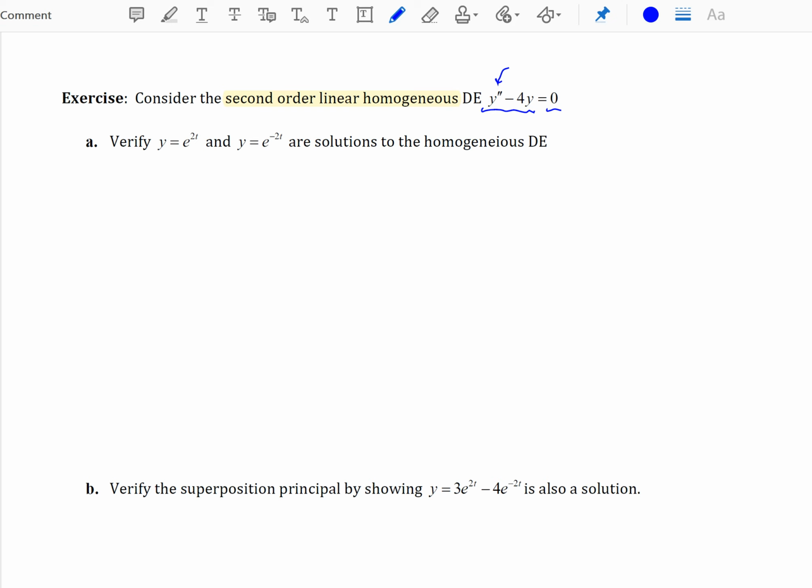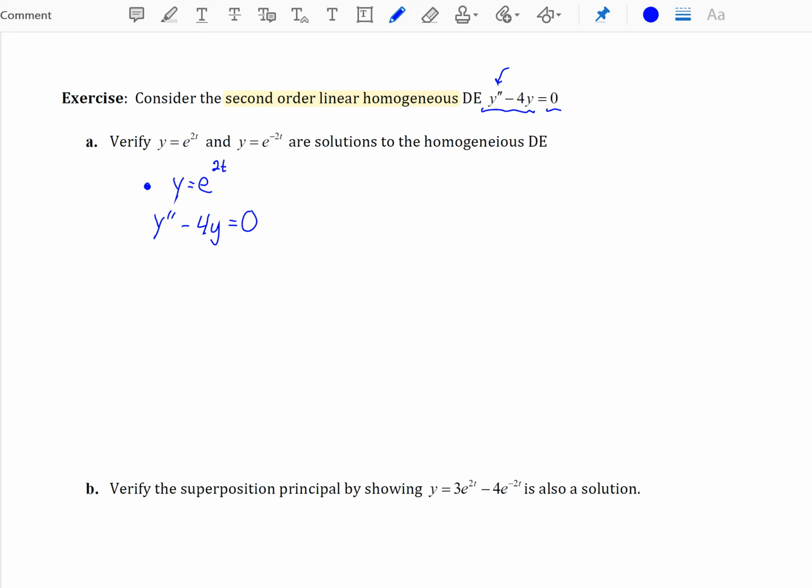So we want to verify that each of these are solutions to the homogeneous DE. So let's look at the first one together. y equals e to the 2t. And I want to verify that this is a homogeneous solution of y double prime minus 4y equals 0.